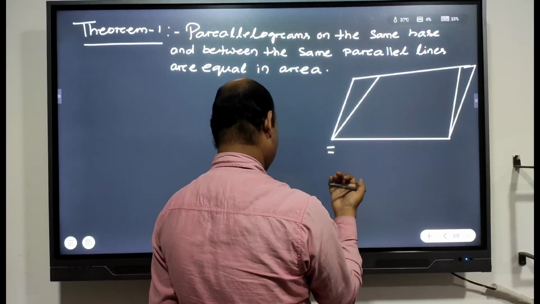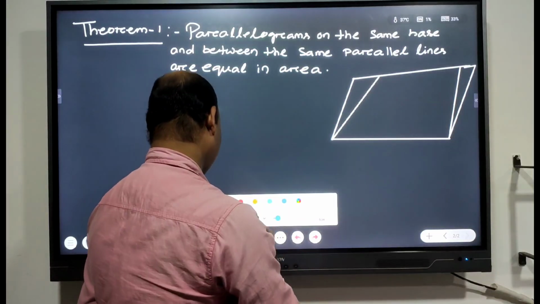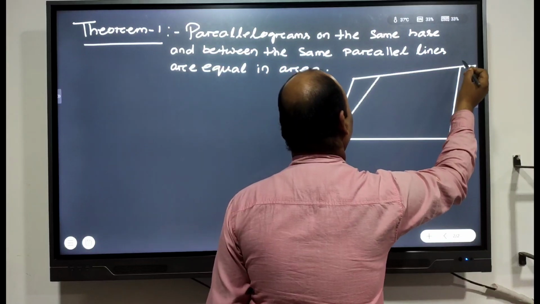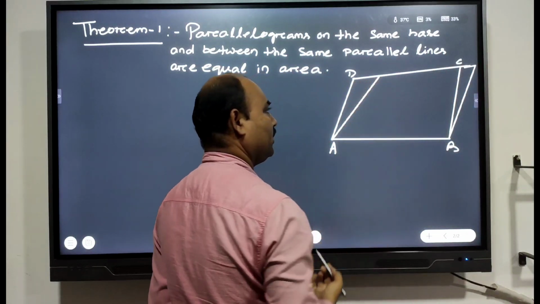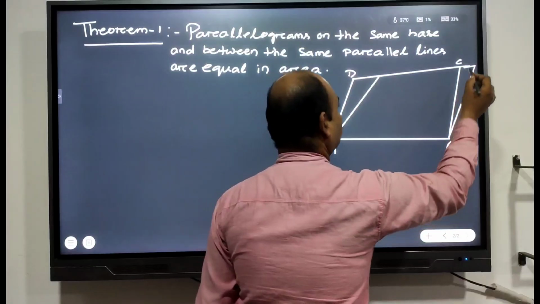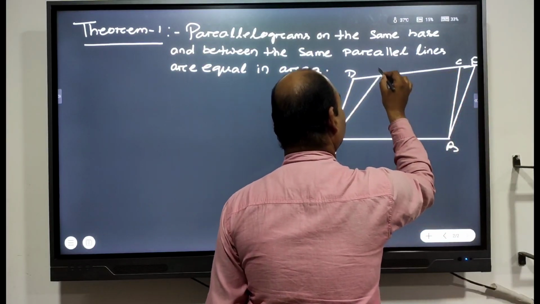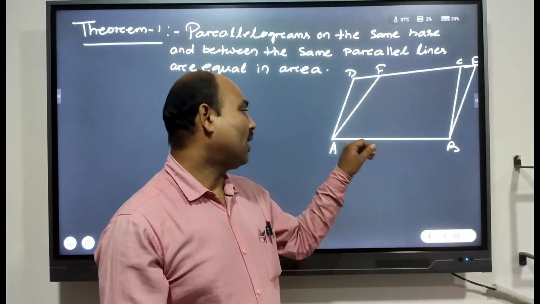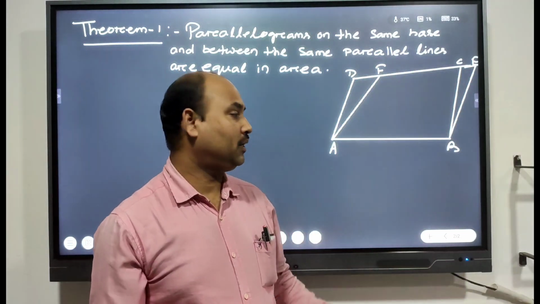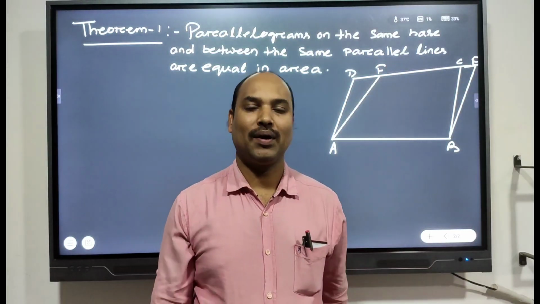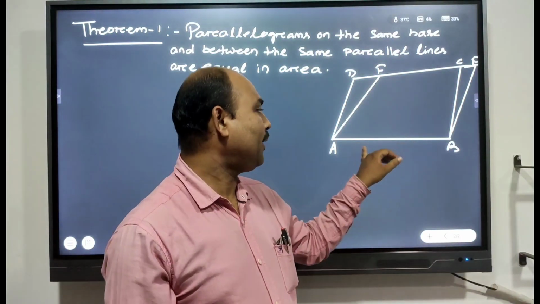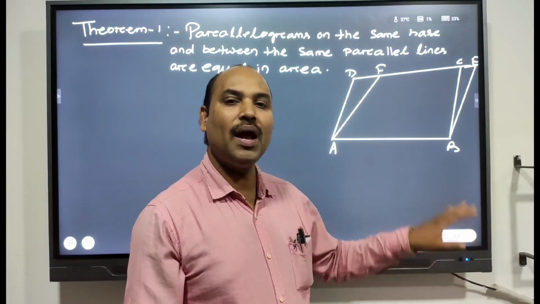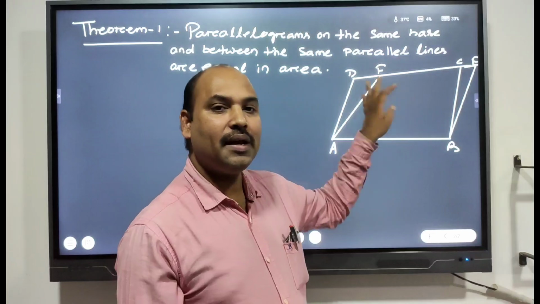Its name, we take, is ABCD, a parallelogram, and ABEF is another parallelogram. Here two parallelograms are there. One is the ABCD parallelogram, another one is the ABEF parallelogram. These two parallelograms lie on the same base AB and between the same parallels AB and DE.